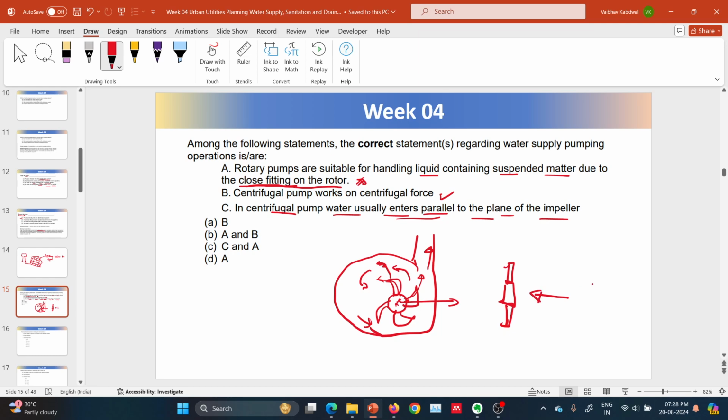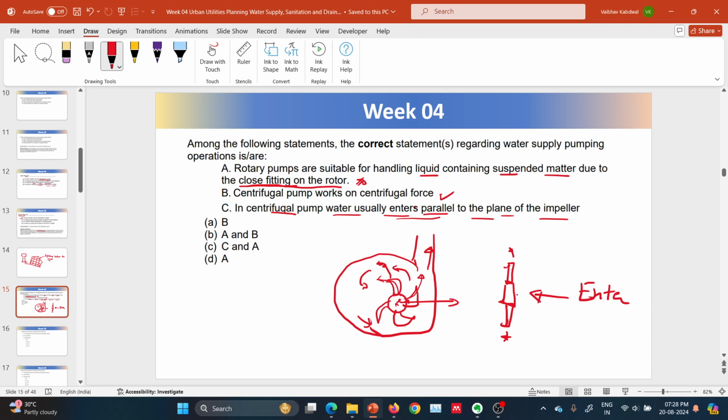So water will enter. I'm making this thing here, and it will be thrown outward. That is centrifugal force. Because of the centrifugal force, it will be thrown outside and it will go up. So in centrifugal pump, water usually enters perpendicular, not parallel.